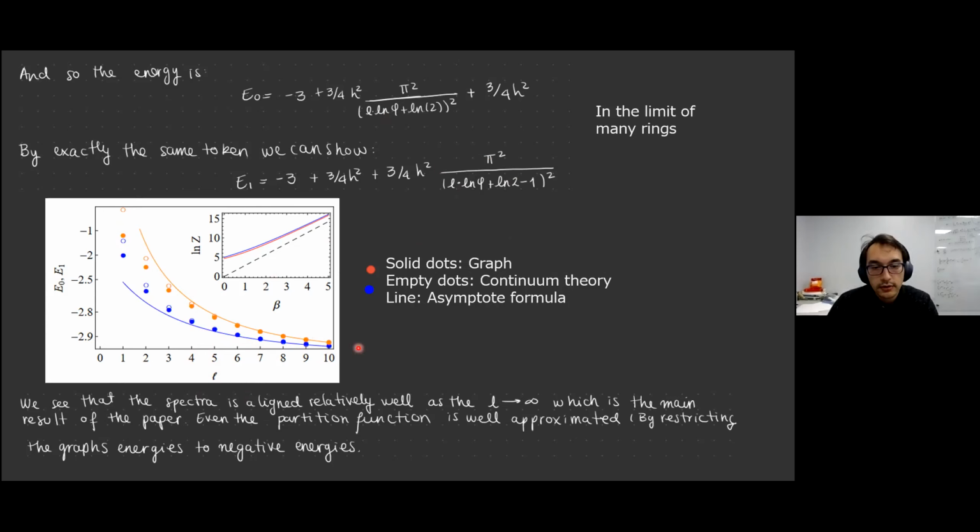We're comparing three things: the empty dots correspond to the eigenvalues in the continuum theory, the solid dots are the theory in the graph, and the line corresponds to this asymptotic limit. You see that it kicks in at around 6, where all the eigenvalues coincide.